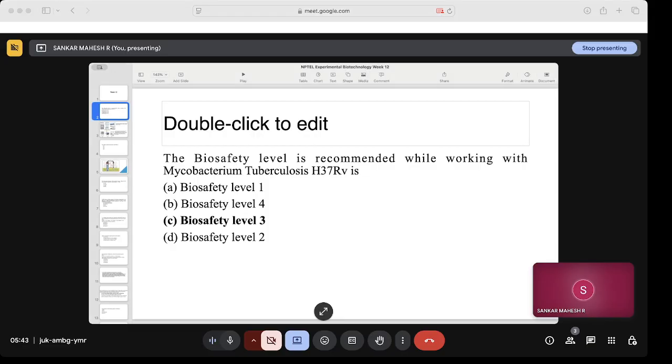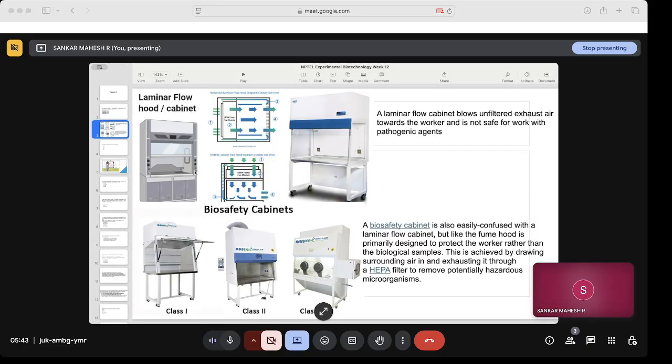In general, in biosafety cabinets, this is just a depiction of how biosafety cabinets look. Here, what you see is class 1, class 2, and class 3, which also represents the kind of cabinets that you have in different biosafety levels. In class 1, you work with basic microorganisms like E. coli, whereas in class 2, you work with Staphylococcus aureus, like you had mentioned. In class 3, it is difficult.